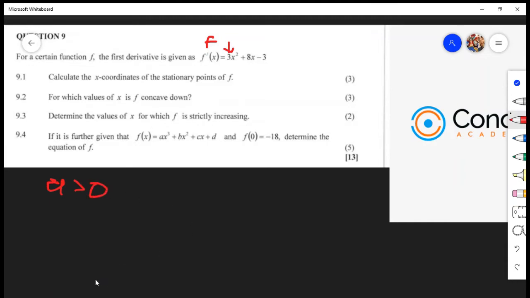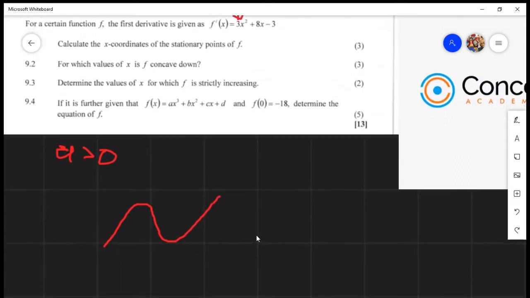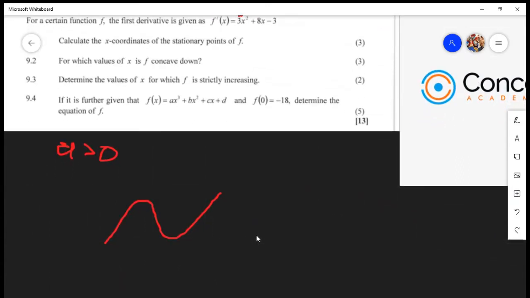Okay. So the question wants to know for which values of x is the graph strictly increasing. So we need to have our turning points first, because the graph is going to change at these points, right?